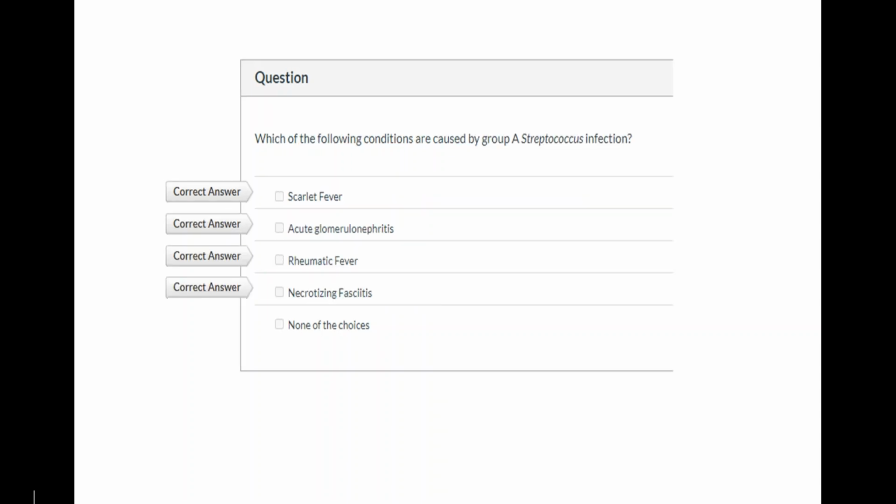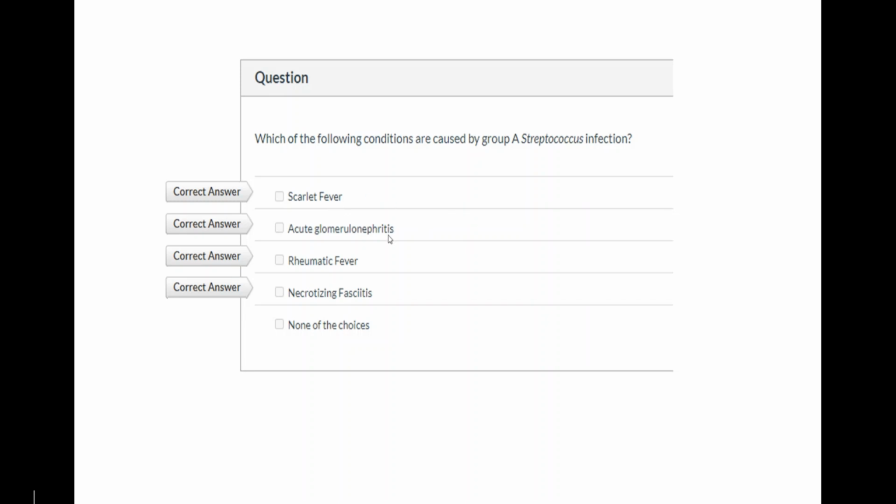Which of the following conditions are caused by group A Streptococcus infection? Okay, the question here is you are asked of the conditions that may be caused by group A Streptococcus. Either it is a current condition or a post condition or a sequela of the condition. So scarlet fever, yes, this is a manifestation of a group A infection.